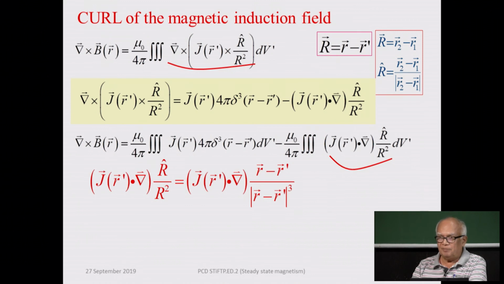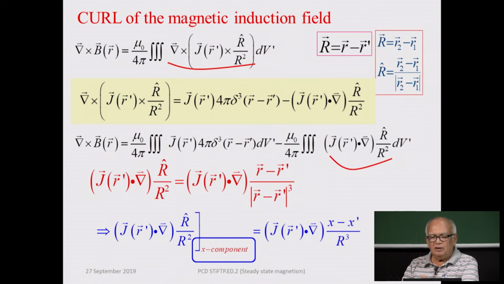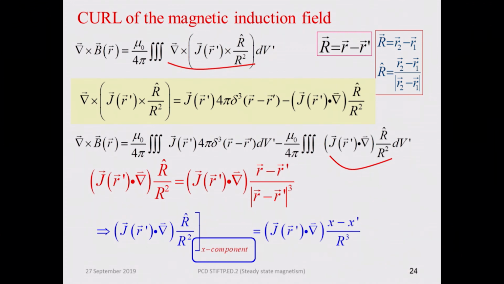That is the operand. So the operand, which is a vector, I can break up into three orthogonal scalar components. So the first component will be x minus x prime divided by r cube, and then you will have similar terms for y minus y prime and z minus z prime. So I am looking at a particular component, which is the x component.